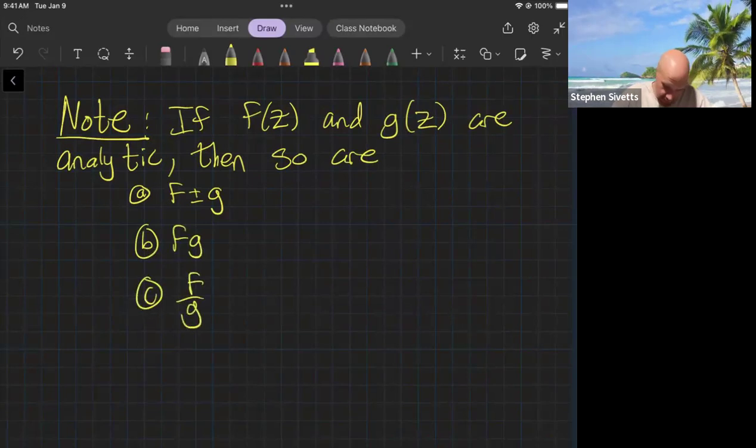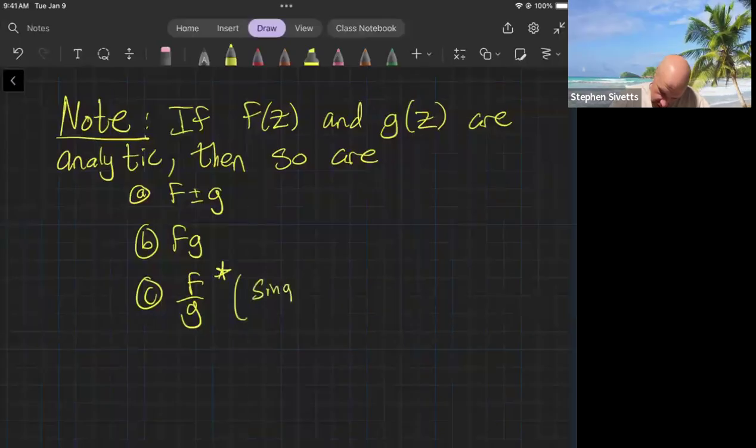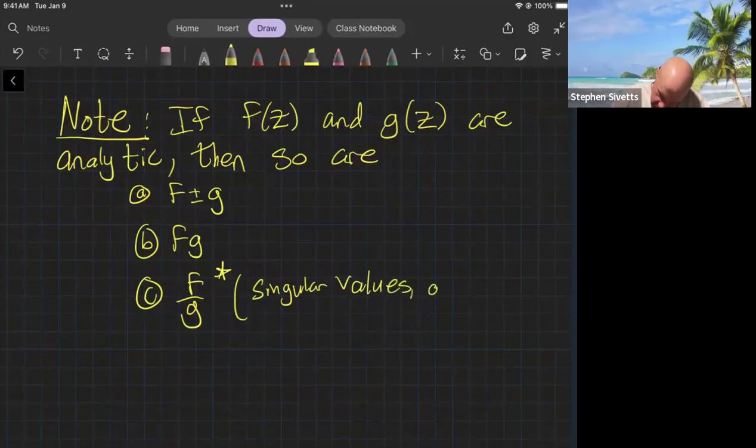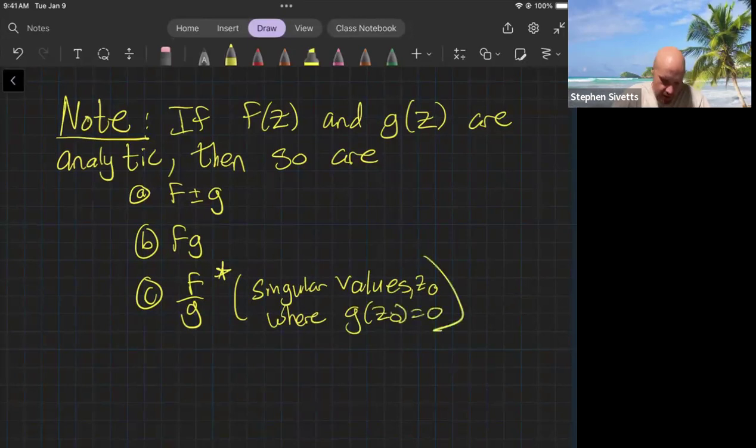For the rational function in particular, you have to find the singular values z naught where g of z naught is 0. So we have to figure out those singular points too.